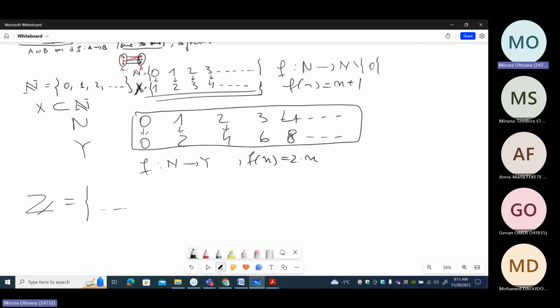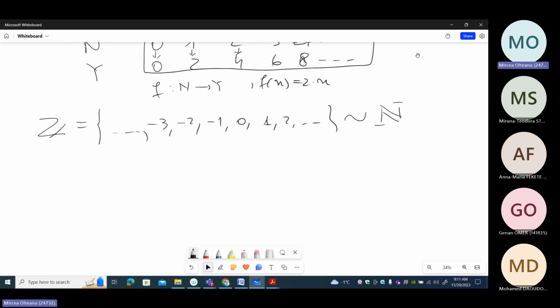The set of integers is written usually like this, and so on. The set of integers is equipotent with the set of natural numbers, and I leave you to write this. The idea is the same as here with the set of even numbers.